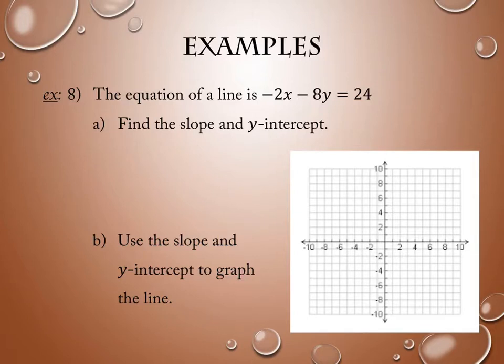We already did that too, right? So this is like a combo problem. It's a 2-for-1. So we need to first change this negative 2x minus 8y equals 24 into slope-intercept form. So I'd like for you to try to do that. Check with a neighbor when you get to your stopping spot.